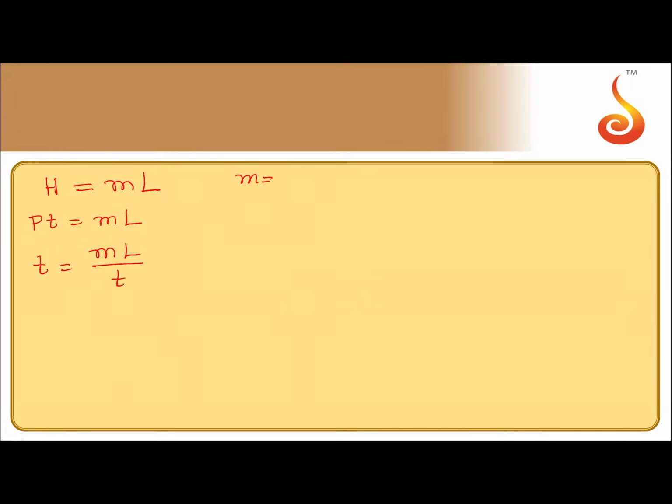Now mass is given 625 gram, that can be written as 0.625 kg. Latent heat is given as 80 calorie per gram. So you can write this as 80 into 4.2 joule divided by 10 to the power minus 3 kg.